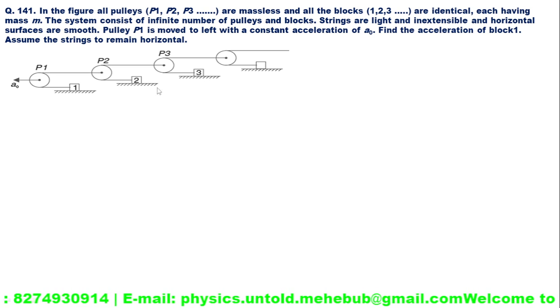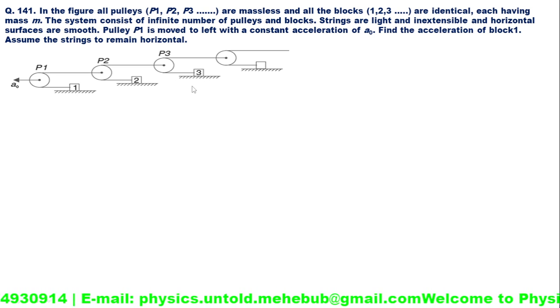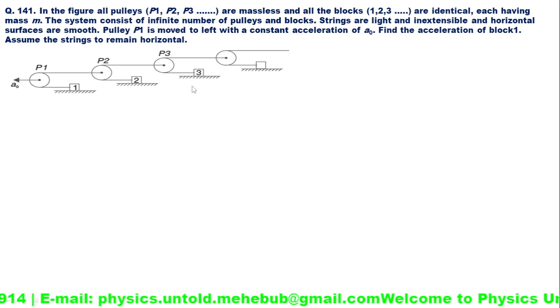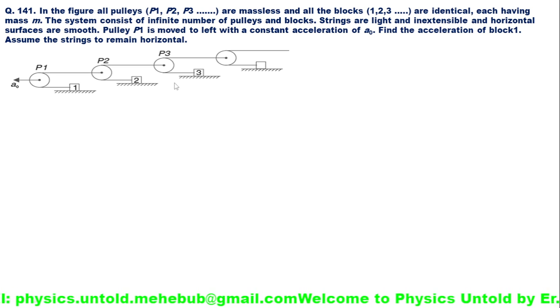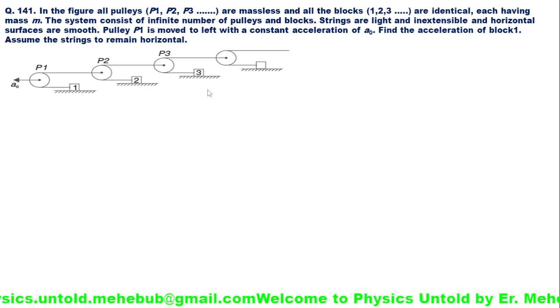And here all the blocks are identical, meaning the mass of all the blocks is equal.